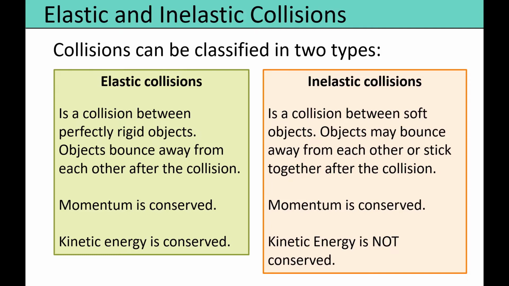However, kinetic energy is not conserved because energy is lost as the shape of the objects is modified due to the collision. So think about a car crash. When two cars crash, many parts of the cars are broken, other parts of the car are crushed, and in both processes, heat energy is produced and lost into the surrounding media.